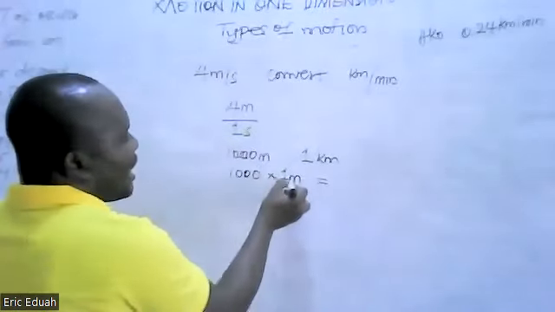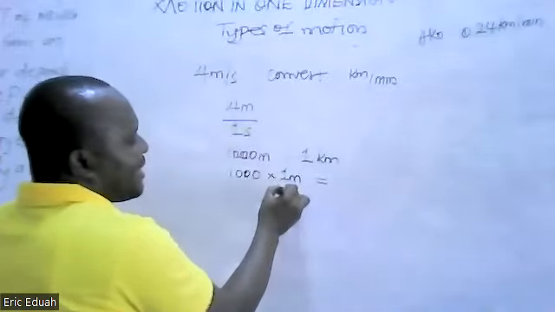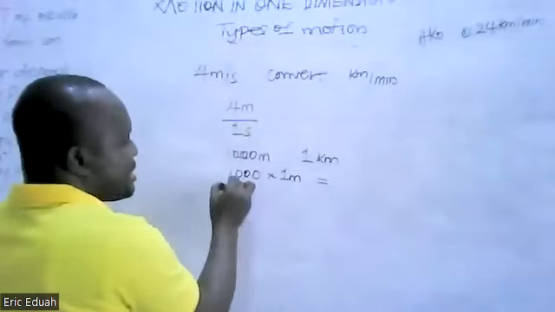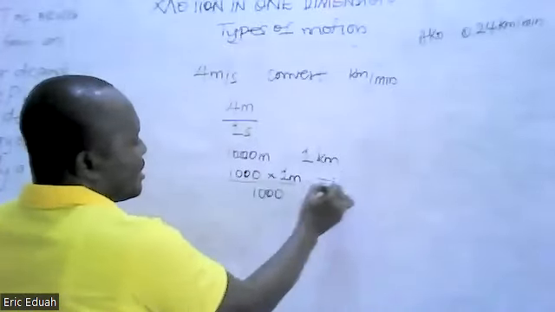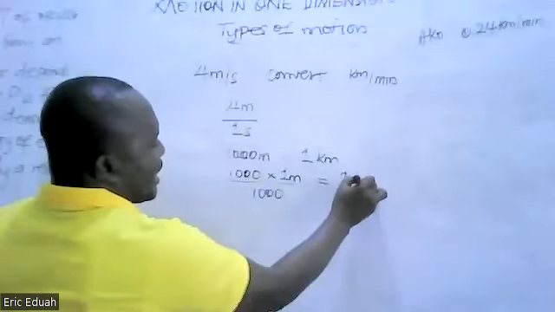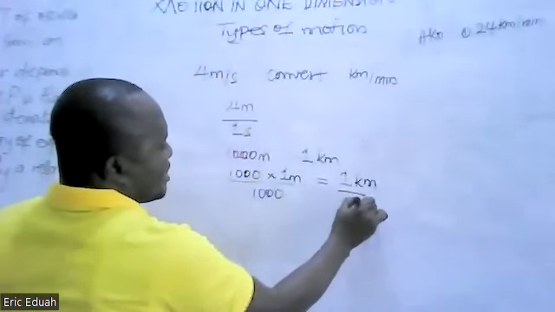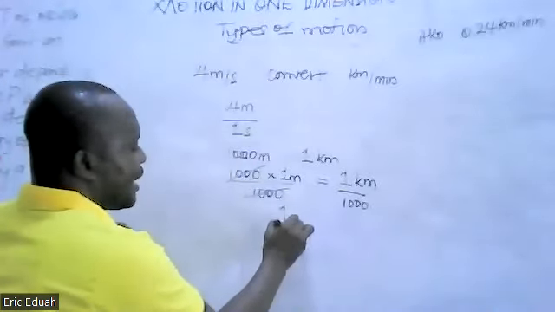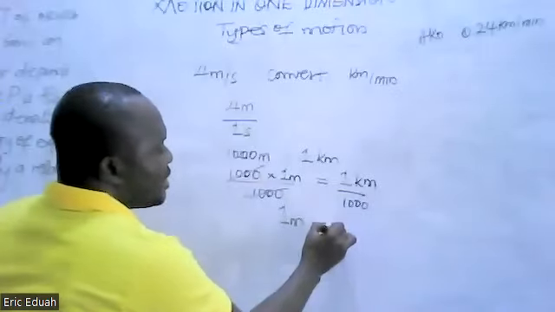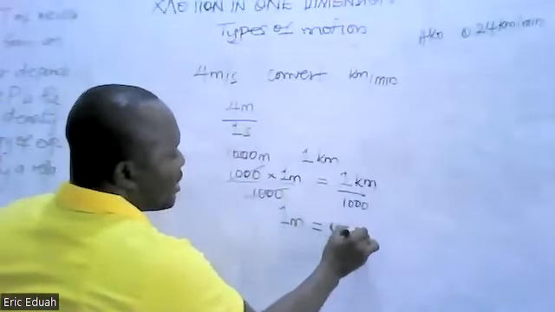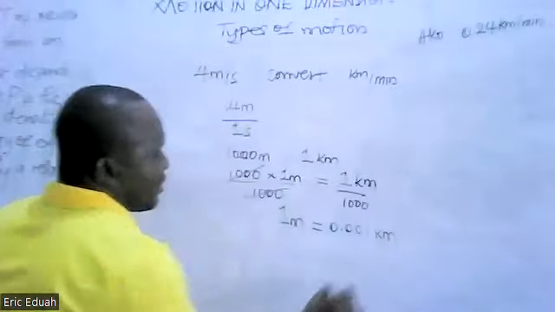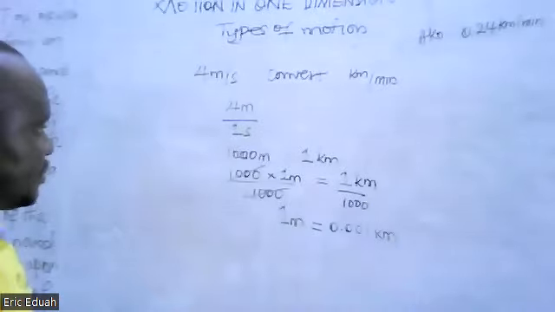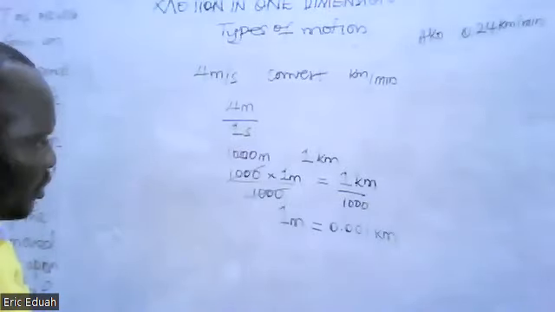So if I'm to obtain the kilometer equivalence of 1 meter, it means I have to divide this side by 1,000, and so it will be 1 kilometer over 1,000. What it means is that 1 meter is equal to 0.001 kilometer, or 1 over 1,000. Are we fine? Yes, please. Good.